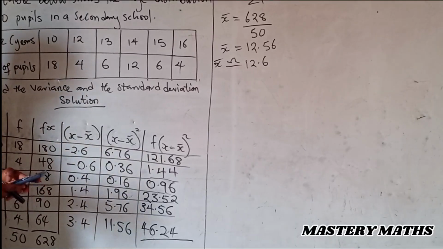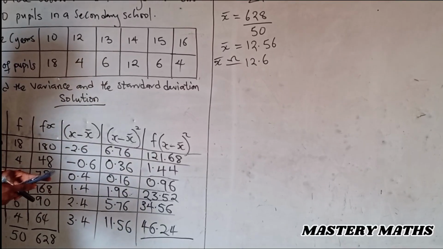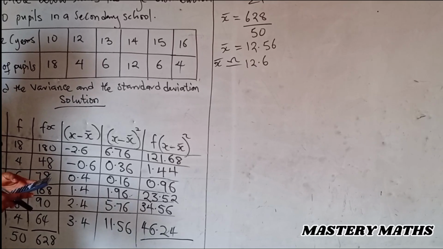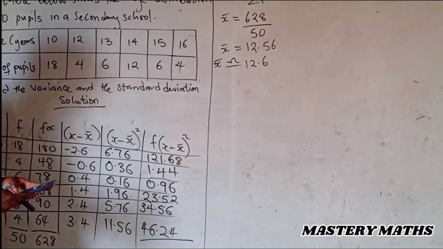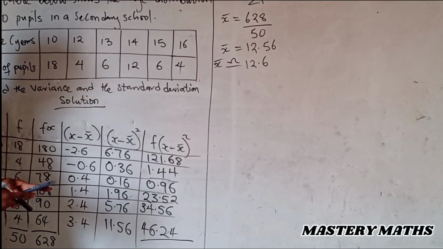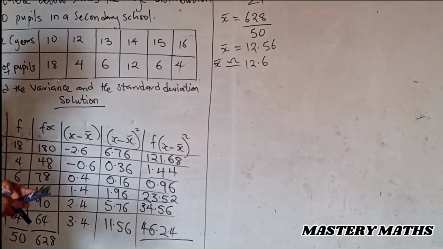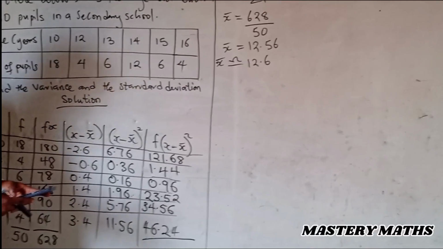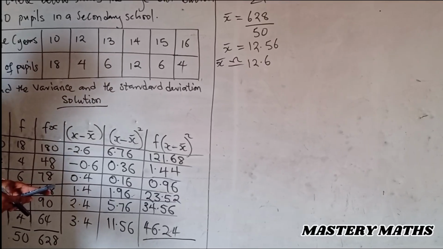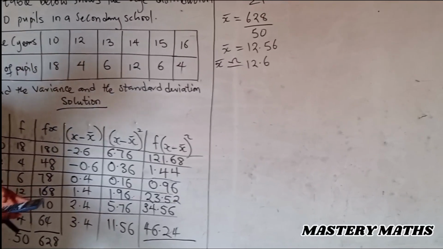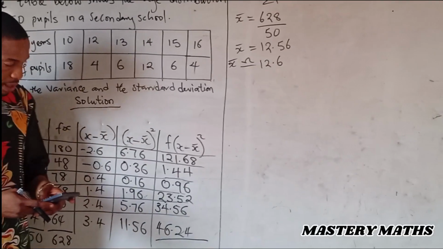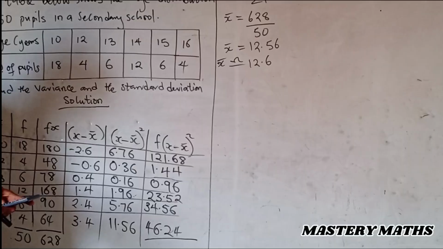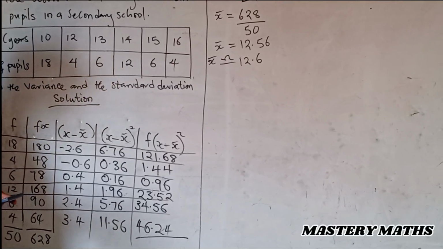The first one is 121.68 plus 1.44 plus 0.96 plus 23.52 plus 34.56.